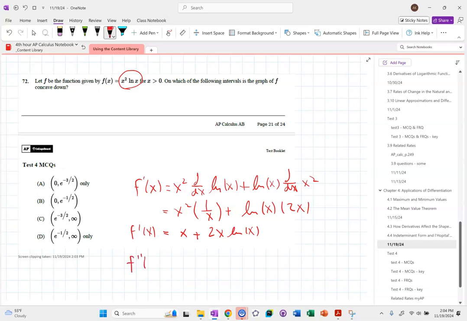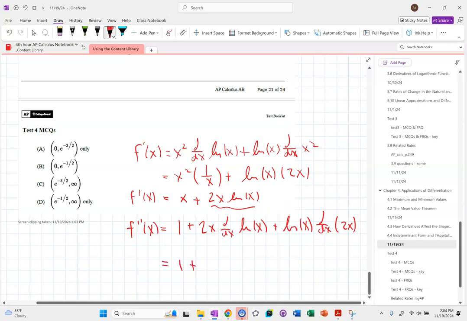Okay. Now I'll do my second derivative. The derivative of x is just 1, but to do the derivative of 2x natural log of x, that's another product rule. So I'll have 2x times the derivative of the natural log of x plus the natural log of x times the derivative of 2x.